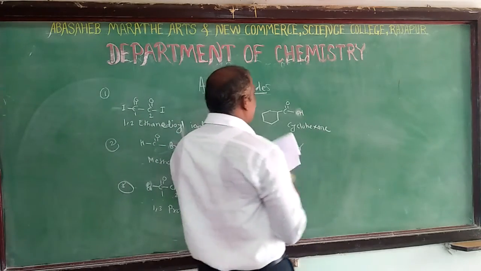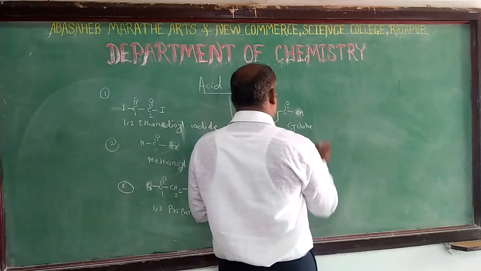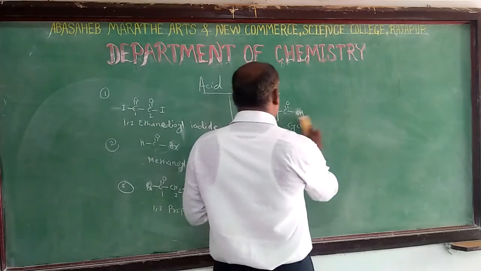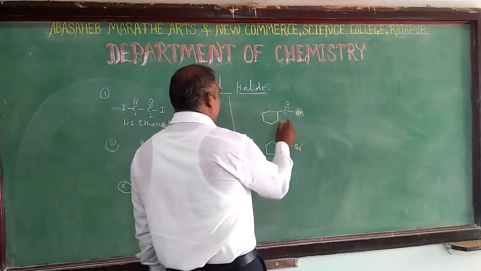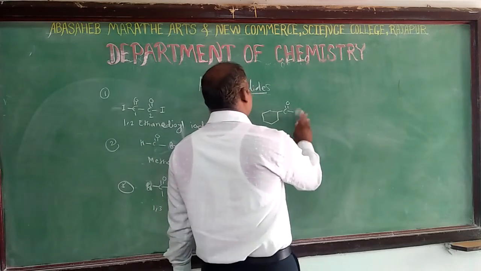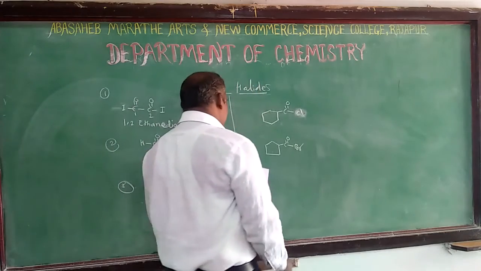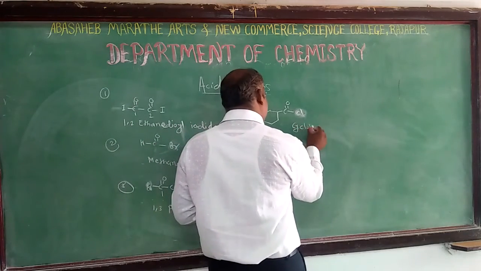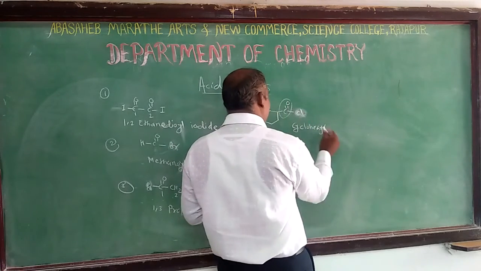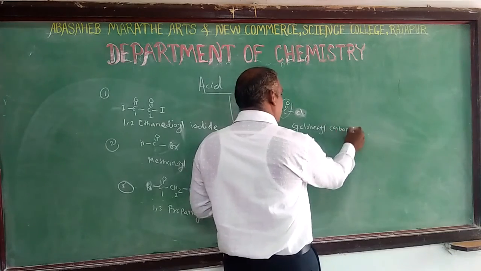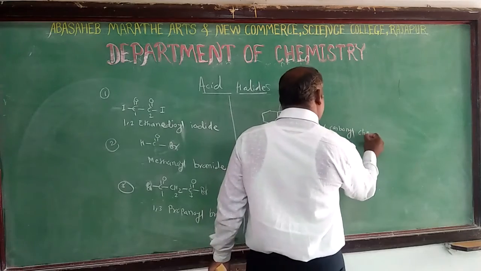So the name given for these acyl halides is cyclohexyl carbonyl, and then the name of the halide, like chloride.